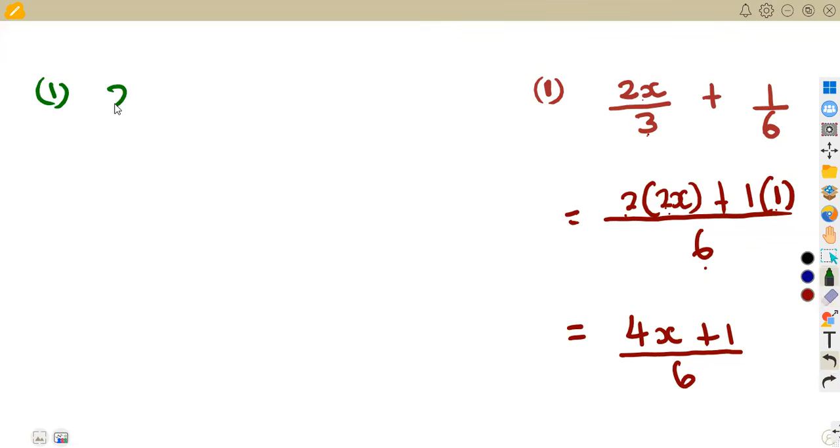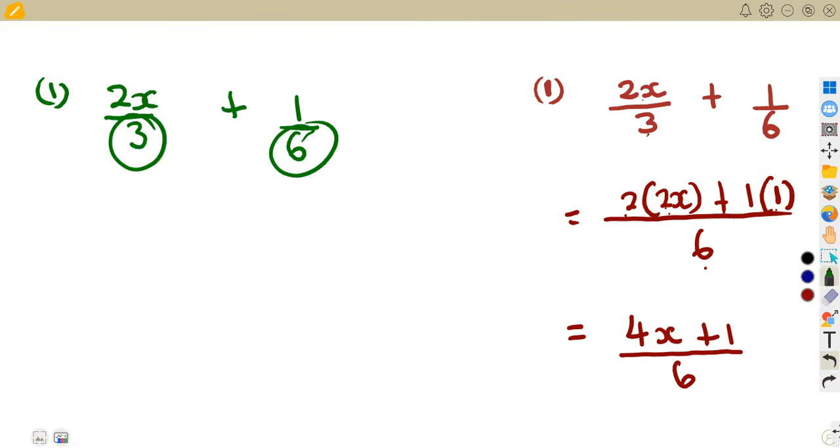Remember, we were given to simplify 2x over 3 plus 1 over 6. So with this method, what you just ask yourself is that with these numbers 3 and 6, what can I do to make the denominators to be the same?